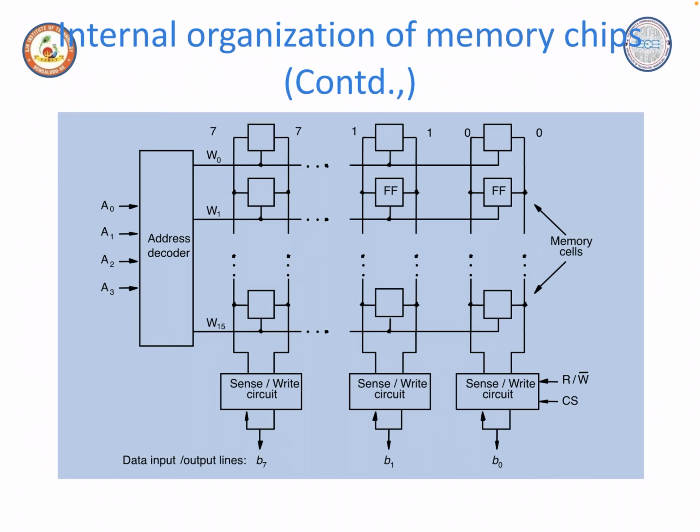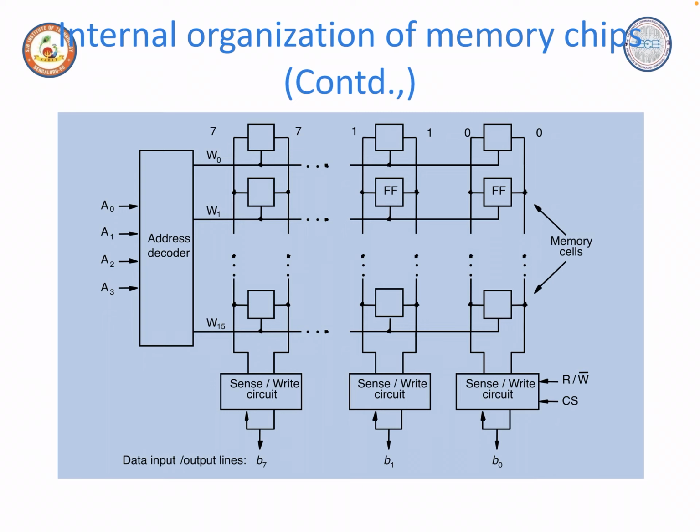As you can observe, we have rows and columns, and each and every cell is meant for storing a single bit of information. Each row will have 8 cells, from 0 to 7, indicating the 8-bit data that you can store in one row.